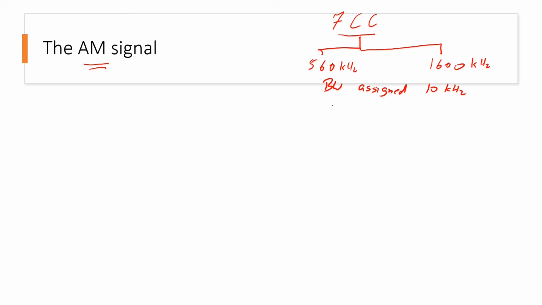This means that if we have a station, say S1, the spectrum for this station is basically like this, and this range or bandwidth is 5 kilohertz. After transmission or modulation at say 560 kilohertz, the overall bandwidth required would be 10 kilohertz, which would include the upper sideband and the lower sideband.